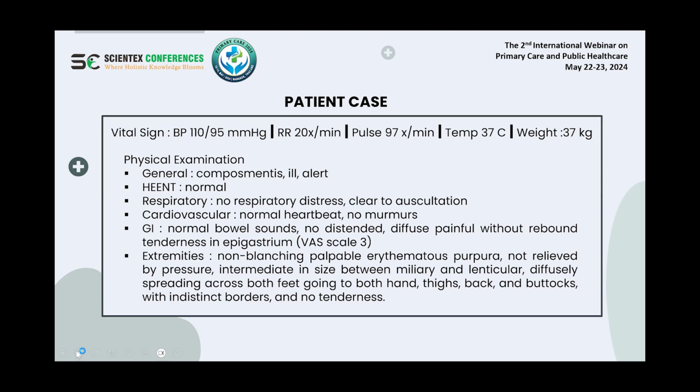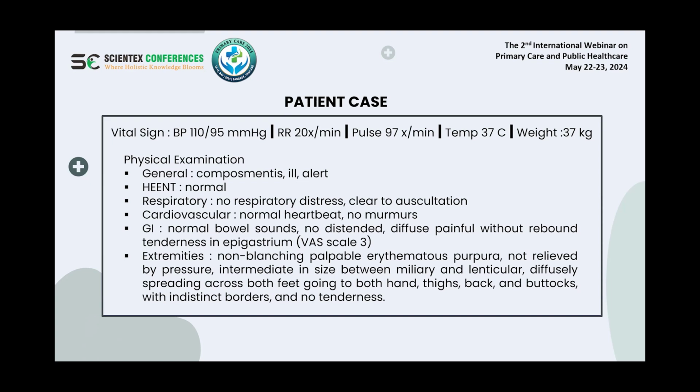For the respiratory examination, there was no respiratory distress and clear auscultation, no bronchitis or wheezing. For the cardiac examination, normal heartbeat and no murmur. For the gastrointestinal examination, there were normal bowel sounds, no distension, and I found diffuse pain without rebound tenderness in the epigastrium.